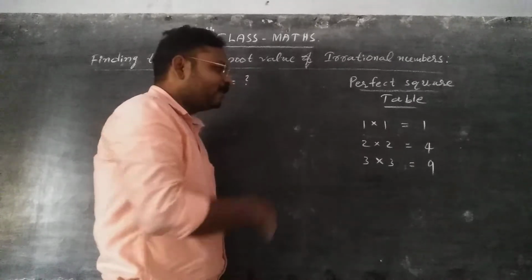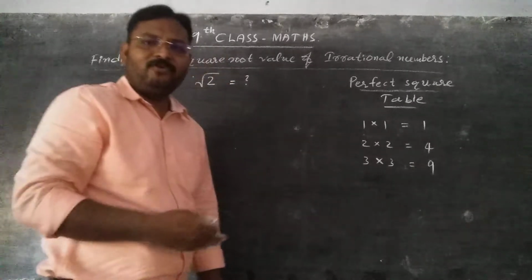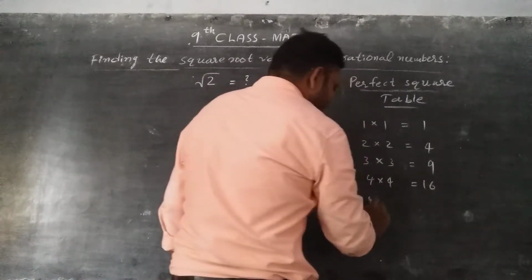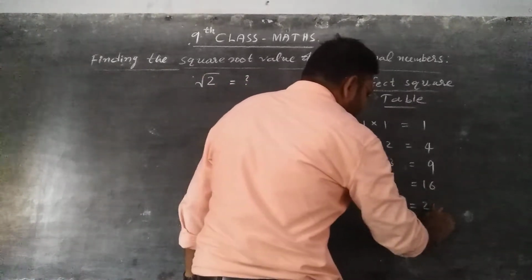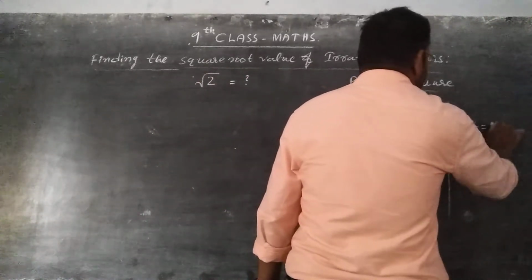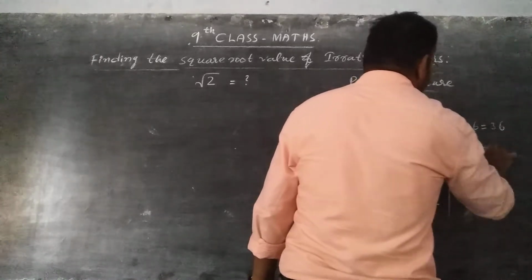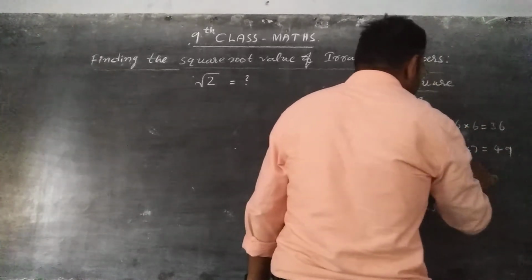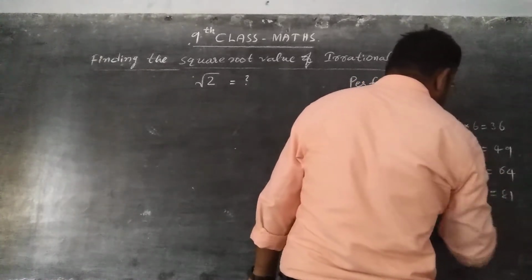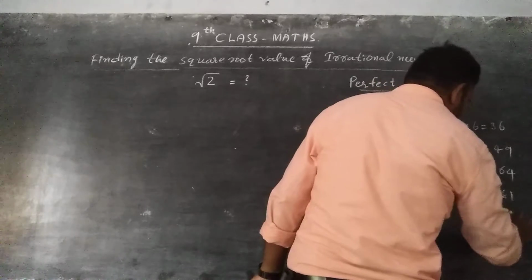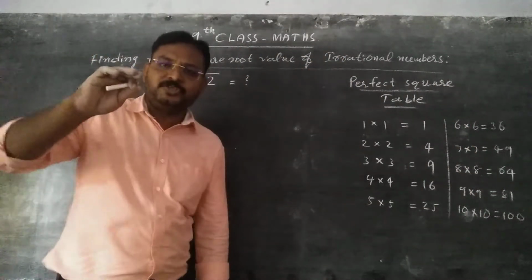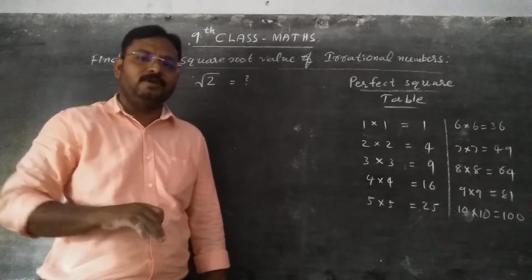Did you understand this? 1 one is 1, 2 twos are 4, 3 threes are 9, 4 fours are 16, 5 fives are 25, 6 sixes are 36, 7 sevens are 49, 8 eights are 64, 9 nines are 81, 10 tens are 100. This is called the perfect square table. So first you prepare the perfect square table.